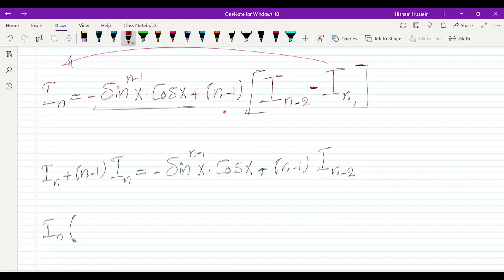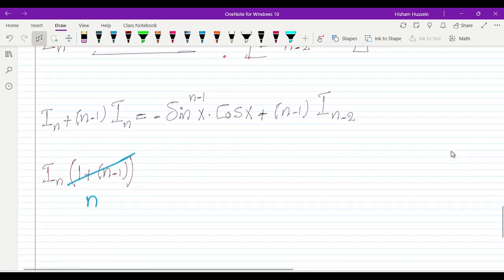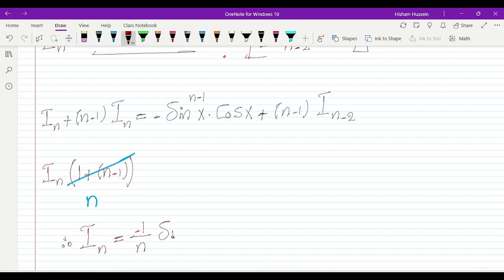I_n, the remaining factor here will be 1. The remaining factor here would be n. So after simplifying this expression, we will get I_n at the end. Now we have I_n equals this right hand side. So I_n equals negative 1 over n sine to the power n minus 1 x cosine x plus n minus 1 divided by n I_n minus 2.